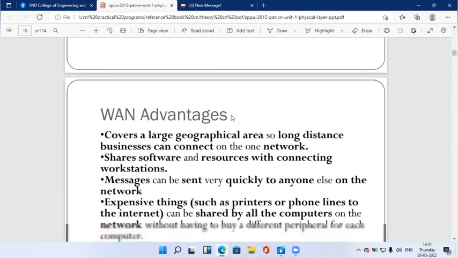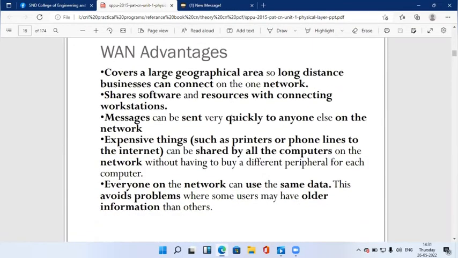So there are some advantages also. Okay, for the WAN, it covers a large geographical area. So long distance businesses can connect on the one network. So best example for the large geographical area is, suppose our Indian company Infosys, its main branch is located at Bangalore.